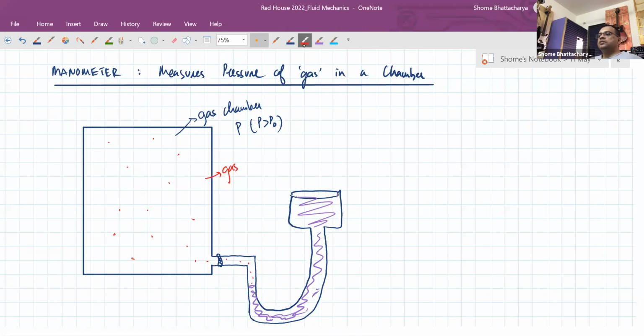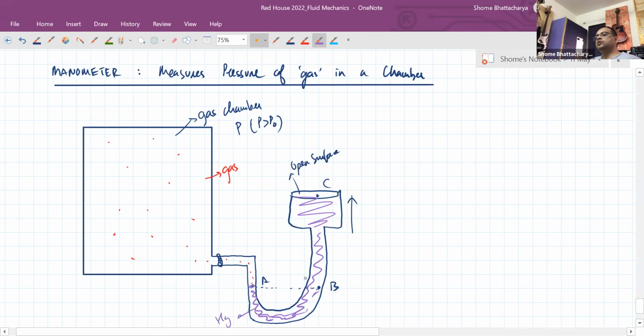So now you can see that we can measure the gas pressure by comparing this point here with this point here, which is an open surface. And this is a mercury column.